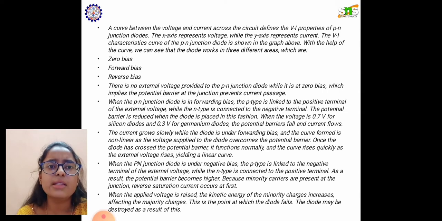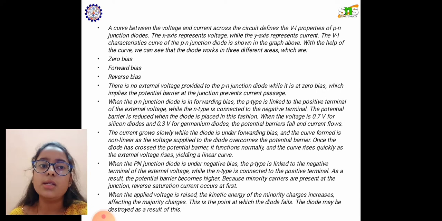The current grows slowly while the diode is under forward bias, and the curve formed is non-linear as the voltage supplied to the diode overcomes the potential barrier. Once the diode has crossed the potential barrier, it functions normally and the curve rises quickly as external voltage rises, yielding a linear curve. When the PN junction diode is under reverse bias, the P-type is linked to the negative terminal of the external voltage, while the N-type is connected to the positive terminal.